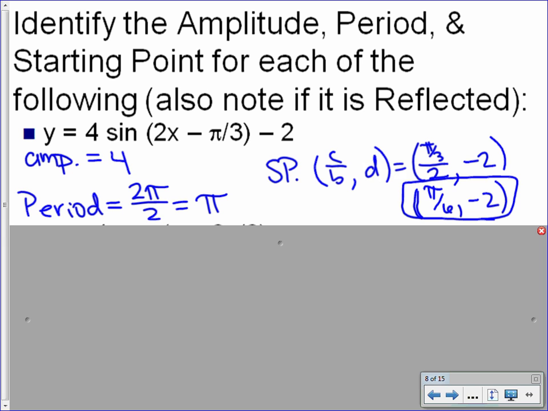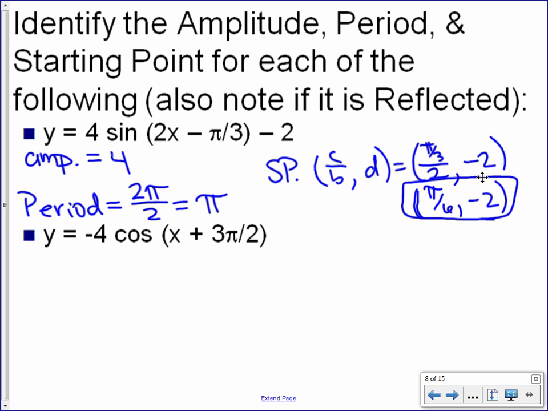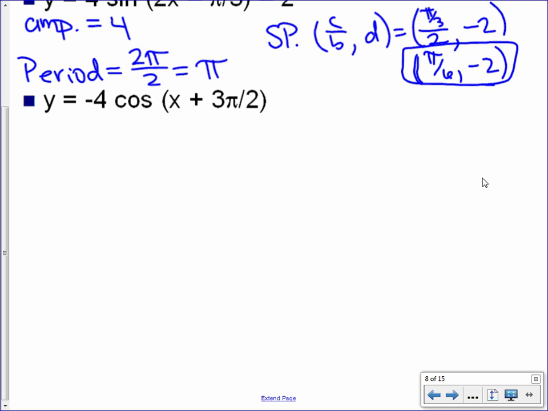We'll try another one. Go ahead and write this one down. What's our amplitude?